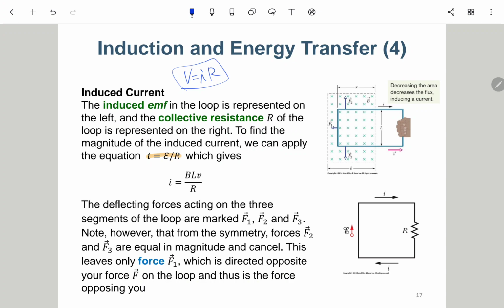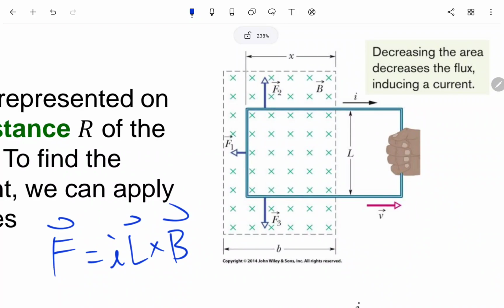For a current carrying wire in a B field, F equals I L cross B. For the left edge, L is pointing upward, following the direction of the current, and the B field is pointing into the page.